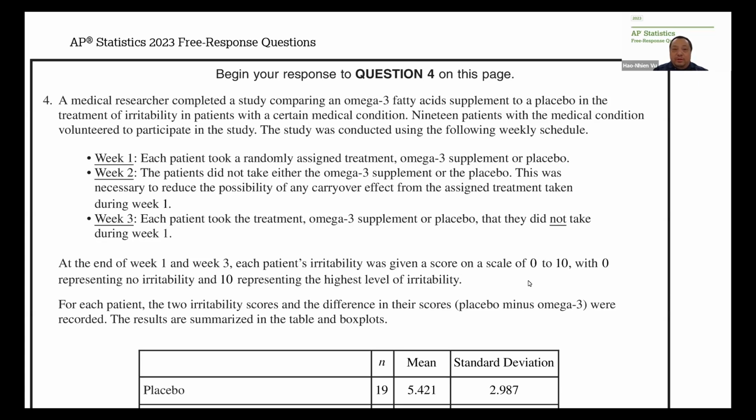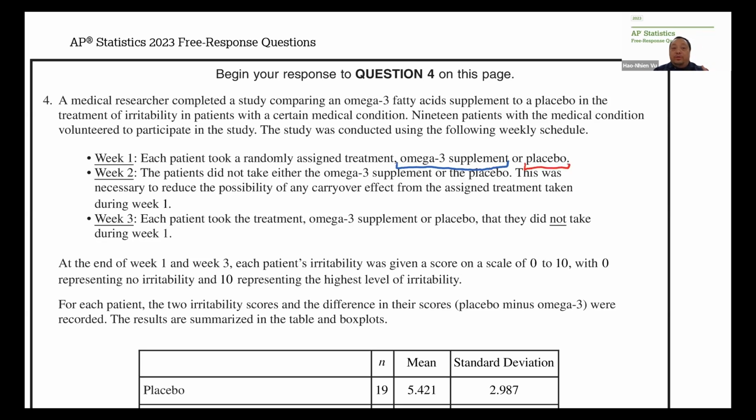When you read a question, you need to make sure you understand what's going on, what the setup is, what kind of experiment they're conducting. If you read up to here and you get it, great. But if you did not get it, you need to slow down and maybe draw some diagram or something. For example, let's say that I don't get it. Then I look at week 1. Each patient took a randomly assigned treatment. It is either this omega-3 treatment or placebo.